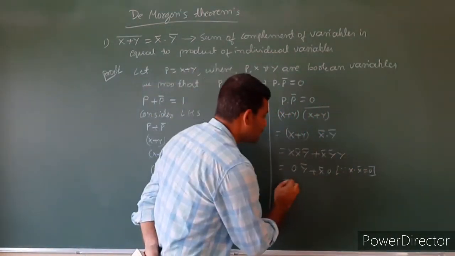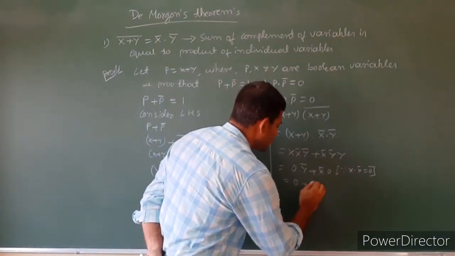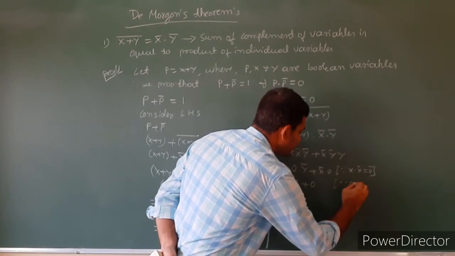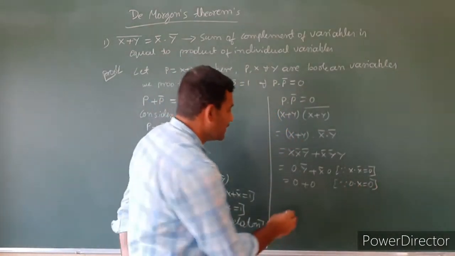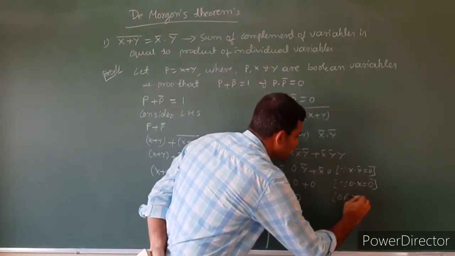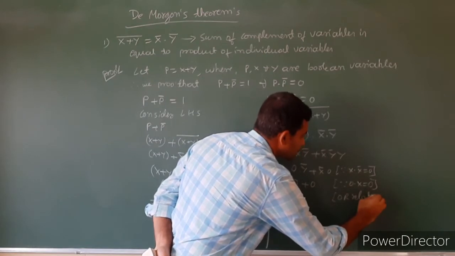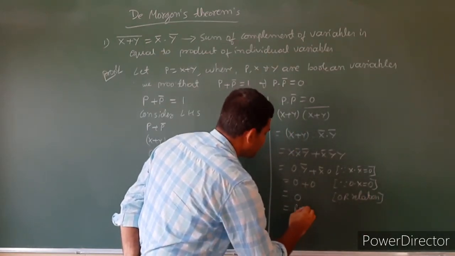Then what is the value of 0 into y? 0 into y is equal to 0, because 0 into x is equal to 0. Then 0 plus 0 is equal to 0 in the OR relation. Therefore, that is the right hand side.